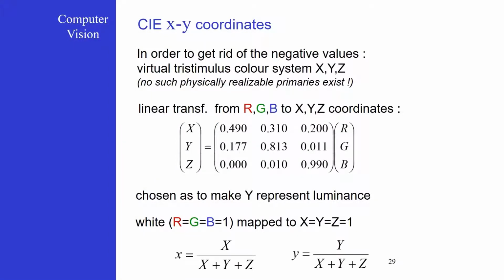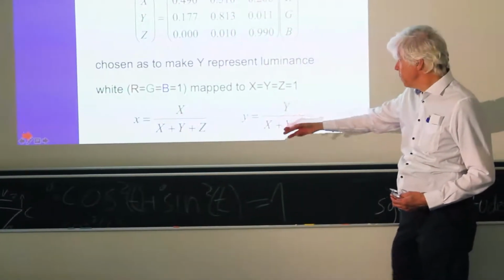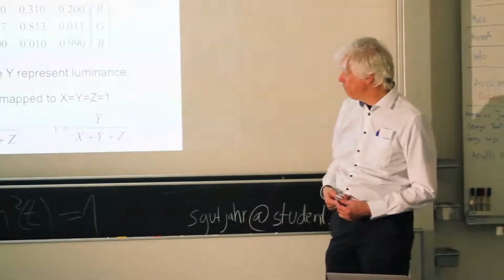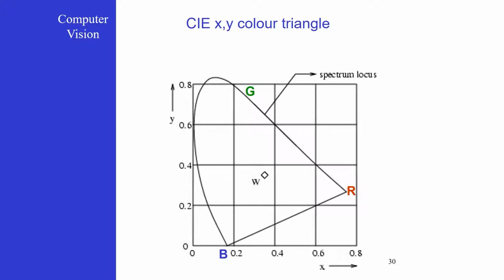And of course, for the system XYZ, you can also have the chromaticity coordinates, with the usual transformation as we have seen it. And here is the lowercase x, y chromaticity diagram.